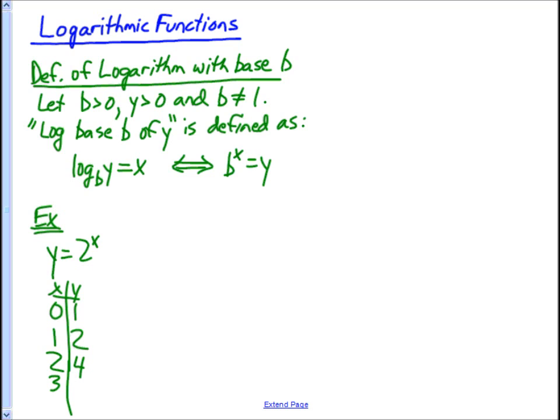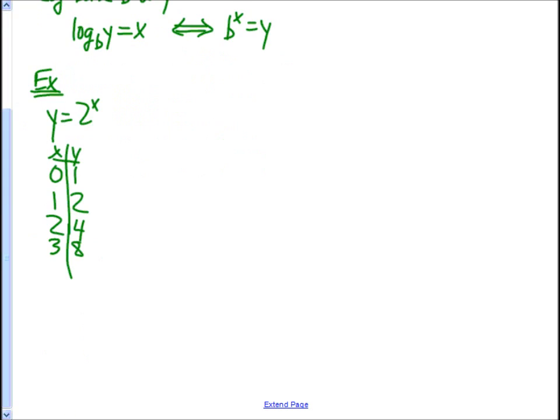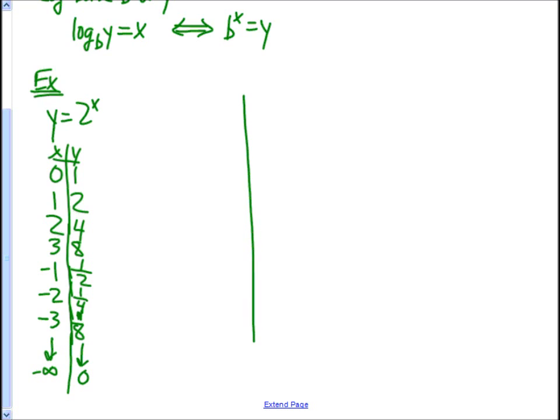X is 3, 2 to the third is 8. Let's go negative 1: 2 to the negative 1 is 1 over 2 to the 1, one half. 2 to the negative 2 is 1 over 2 squared, 1 over 4. 2 to the negative 3 is 1/8, and so on. As this goes to negative infinity, that goes to 0.